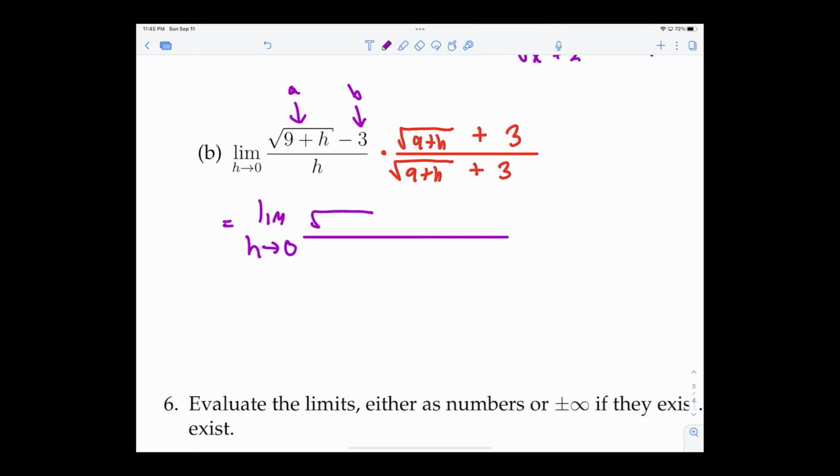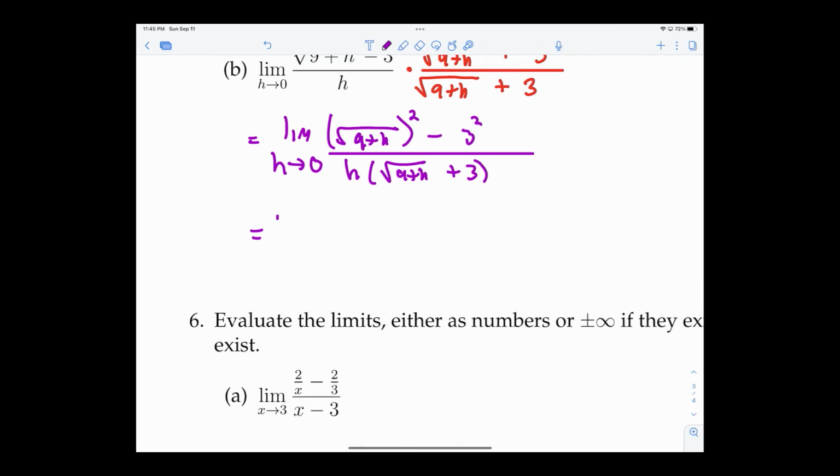So it's going to be square root 9 plus h squared minus 3 squared. In the denominator, we're going to have h, and then square root 9 plus h plus 3. Again, we are going to simplify that numerator. So when you square the square root of 9 plus h, you're going to get 9 plus h. And then we've got minus 3 squared, which is 9.